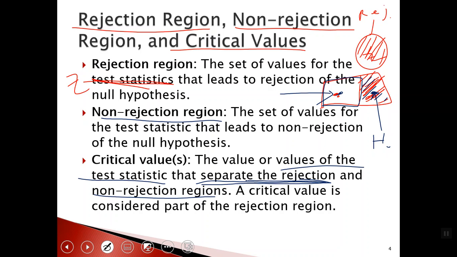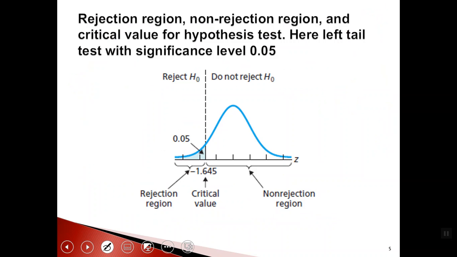Critical value is considered part of the rejection region. You will see how we calculate this critical value, but the only thing you should know is that it is some kind of value of the test statistic which separates the rejection region and non-rejection region, something like this.